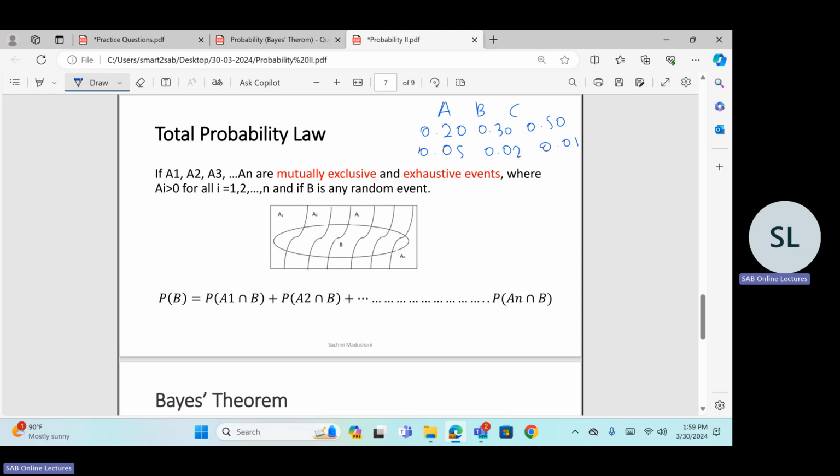There is no intersection here, so they are mutually exclusive. The other one is collectively exhaustive: the union value is equal to 1. Union means all the elements, so collectively exhaustive means your union covers the sample space.